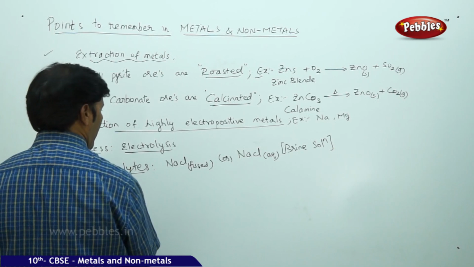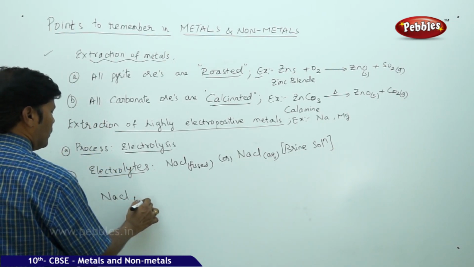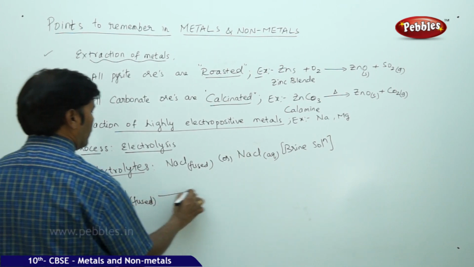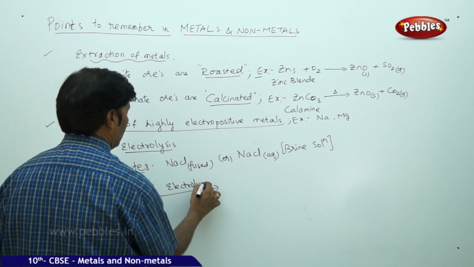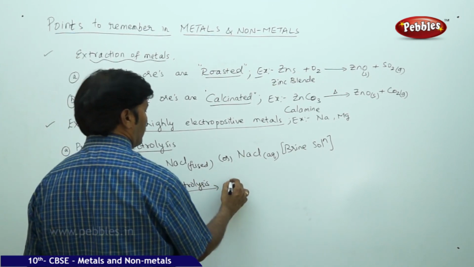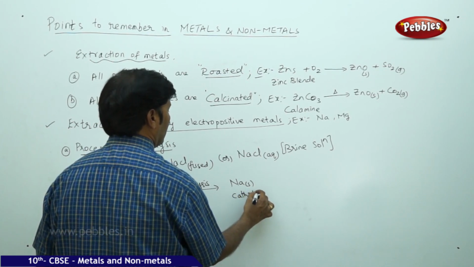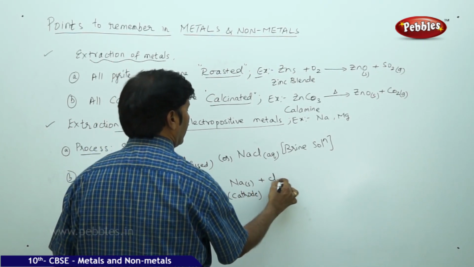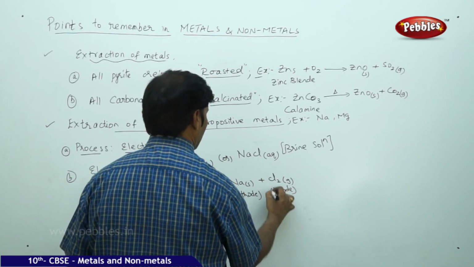So here, if NaCl fused is subjected to electrolysis, it gives sodium solid at the cathode electrode and chlorine gas at the anode electrode.